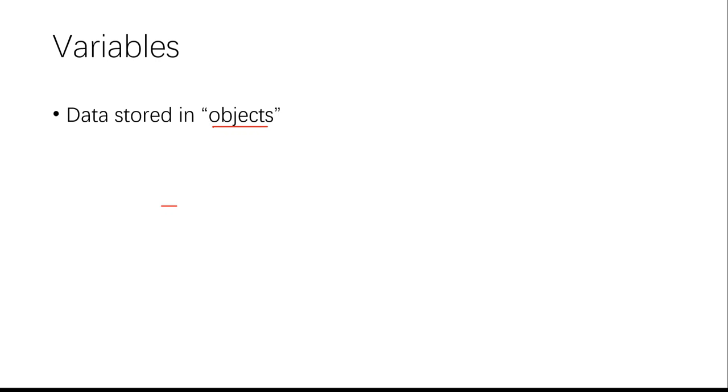It's actually a space of memory that has data, that we can call an object. In C, that's not talked about a lot, but in object-oriented languages, that's where this concept is used a lot, and the named objects are called variables.